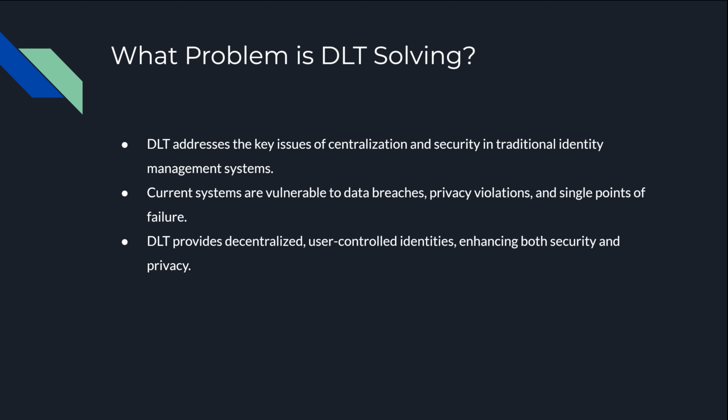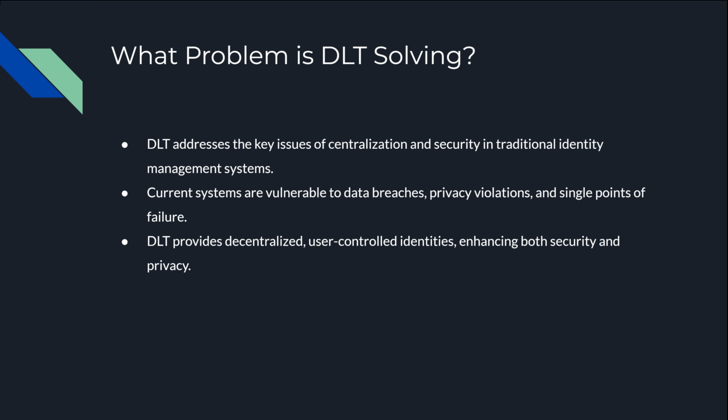So for the problem DLT is solving itself, DLT addresses the key issues of centralization and security. It decentralizes control by distributing data across multiple nodes, meaning there is no single point of failure. Each user holds their own identity, and no one entity has complete control over the data. DLT also enhances security and privacy.